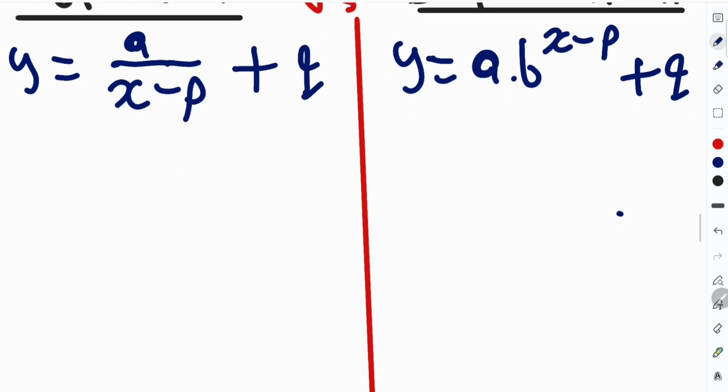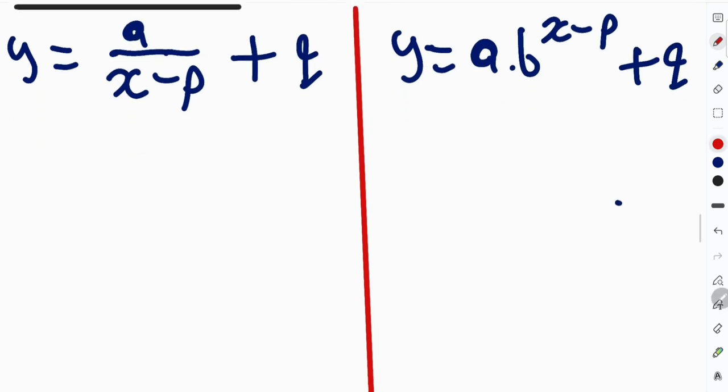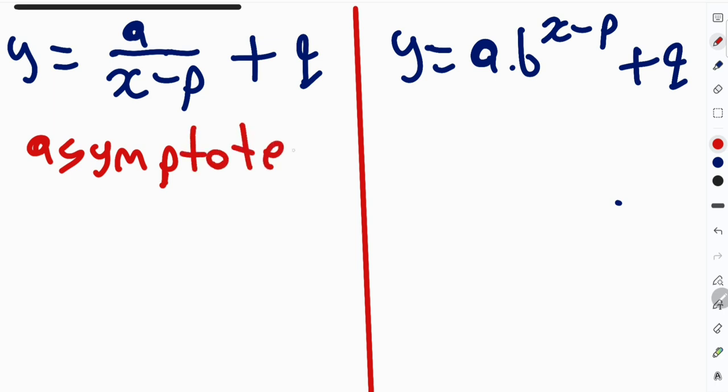Okay, let's talk a bit about what's happening here. So your p and your q indicate what we call your asymptotes.